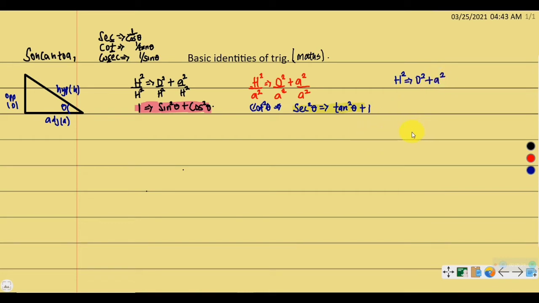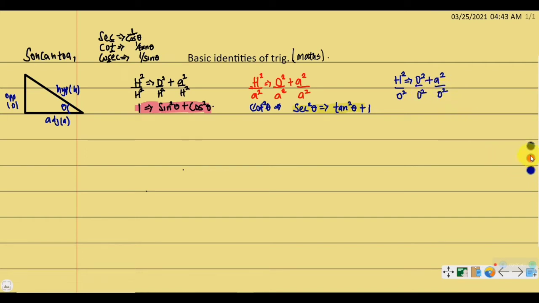If you are having any issues, you can always drop them in the comment box for better explanation. So now, moving on, we are going to divide by the opposite. The first one was by hypotenuse, the second by adjacent, the third by opposite. So if I divide by opposite square, I also have opposite square.